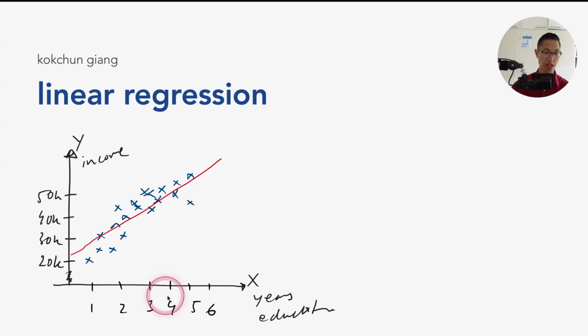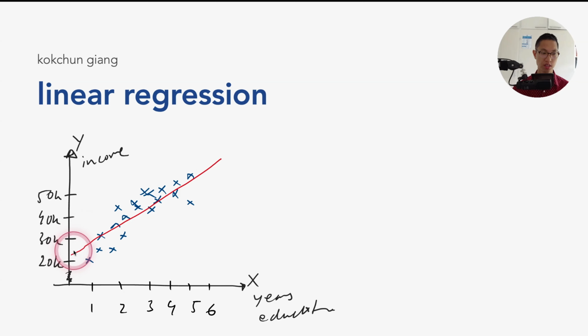And then we ask another one, maybe they have 5 years of education, or like here somewhere. And how much is your income? Yeah, 5K or something. As you can see, this becomes another point, etc. We ask several people and we get a lot of different points here. And then what you do is that you find a line, basically, that is approximating all these points.